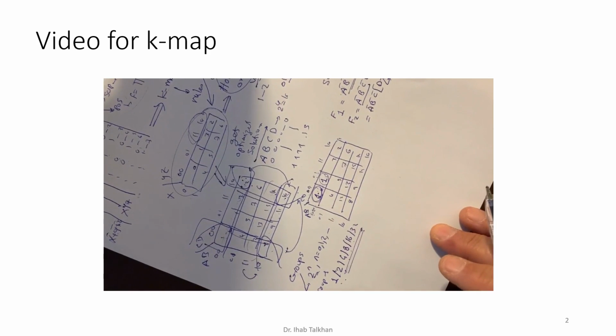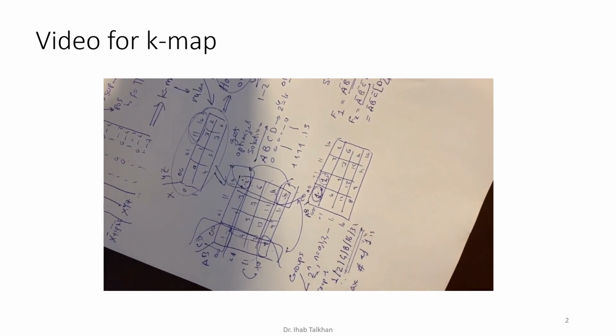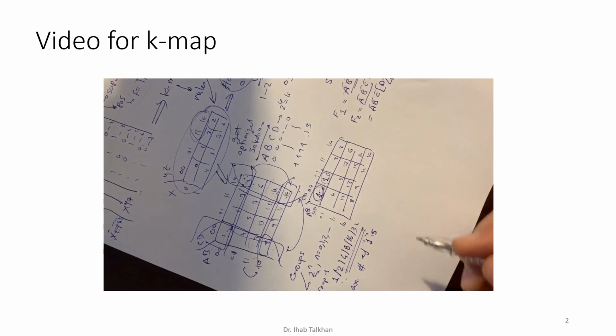You can have groups of 1, but you have to have the maximum number of ones. You have to find the maximum numbers of ones to do groups.